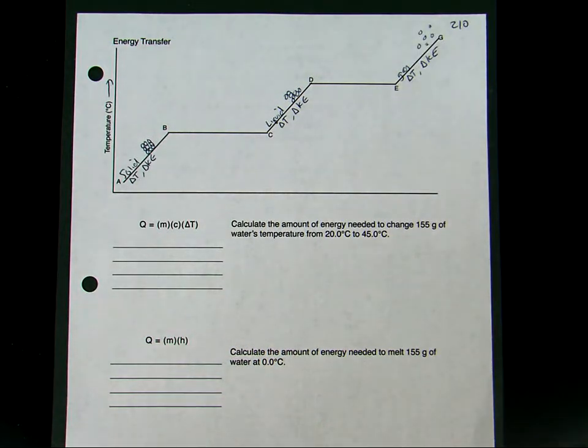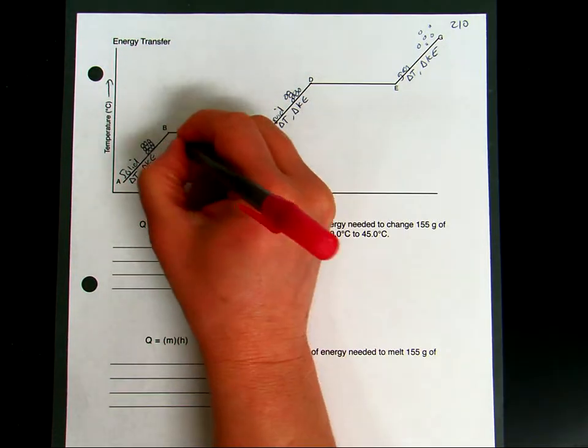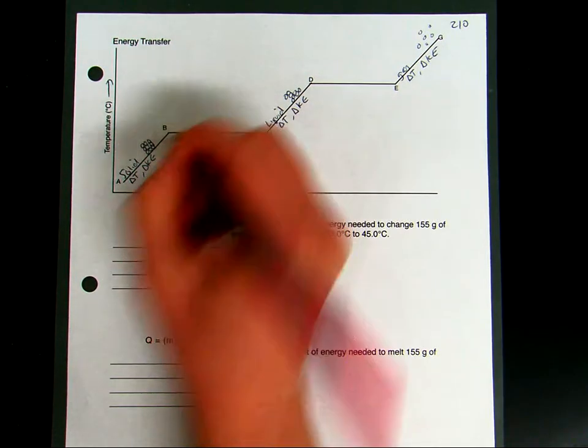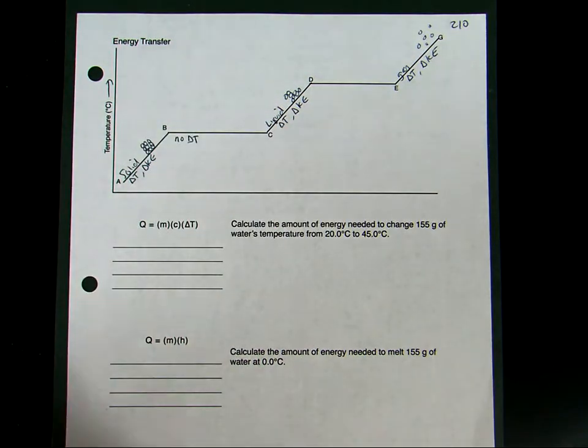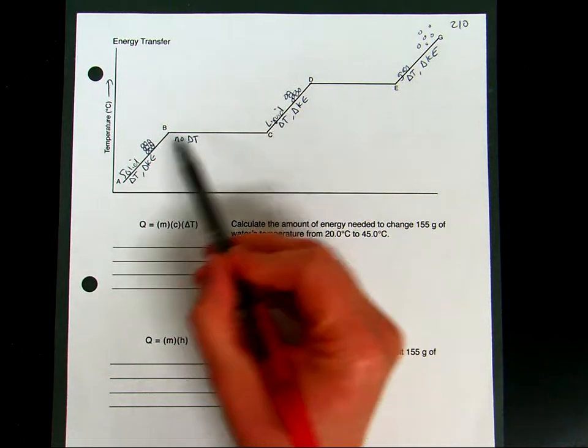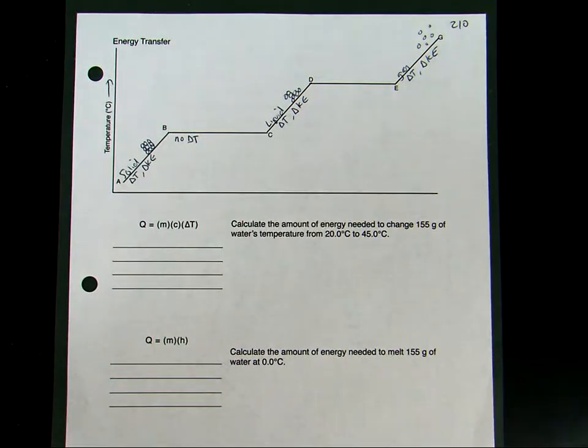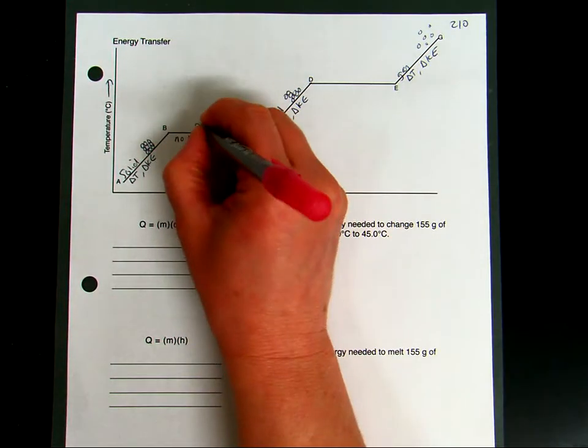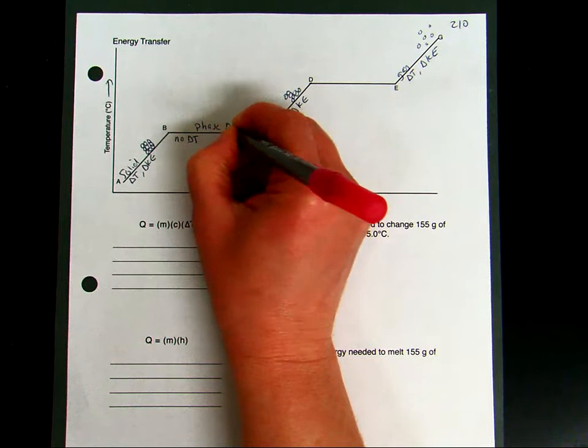Now, we have two other segments where they show no change in temperature, and they are sandwiched between two different phases. So this represents a place of phase change.